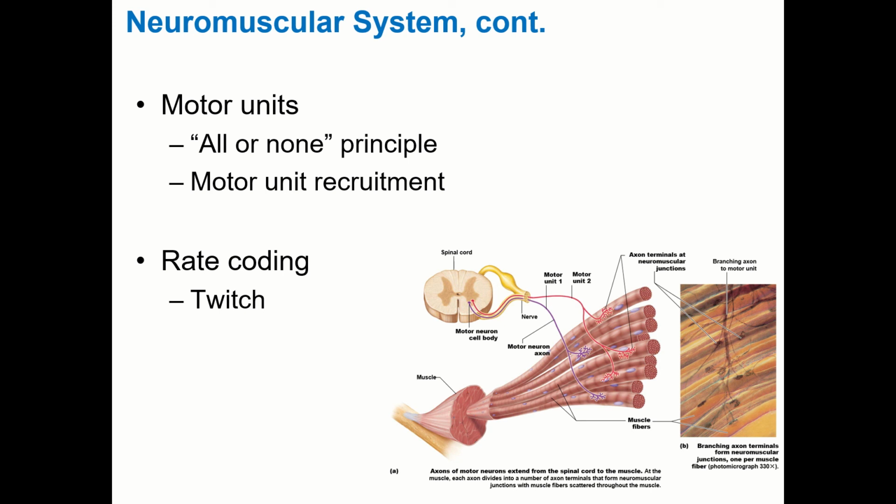Rate coding is the number of times per second the alpha motor neuron depolarizes. So it is the frequency of action potentials, or the frequency of depolarization. Basically, if I need to either move really fast or produce a really strong contraction, what I'm going to do is send lots and lots of electrical signals, again, aka action potentials or depolarizations, down this alpha motor neuron out to the muscle fibers.